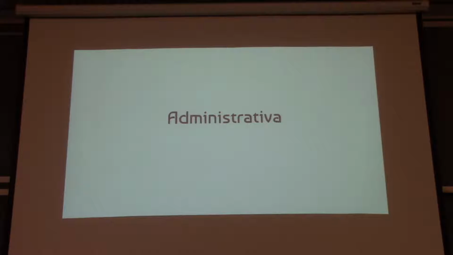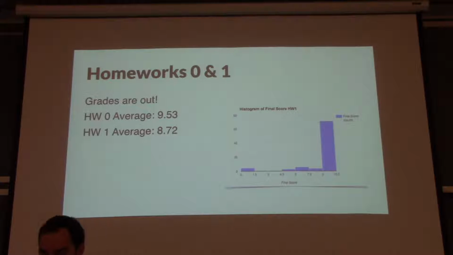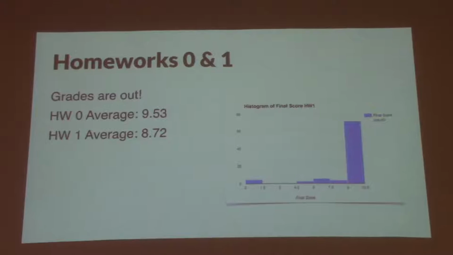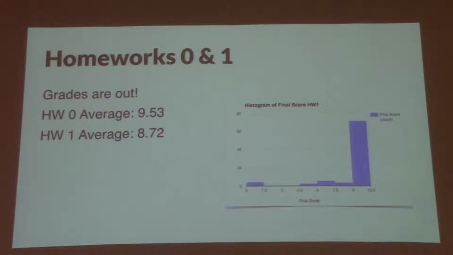First, a couple of words on administrative things. You received your grade for homework 0 and 1, so you should have gotten an email yesterday. Homework 0 had a pretty good average with 9.53, so most of you got 10 points, and only a couple of people got 0 points because they didn't set it up, but remember this is only 2% of your grade.